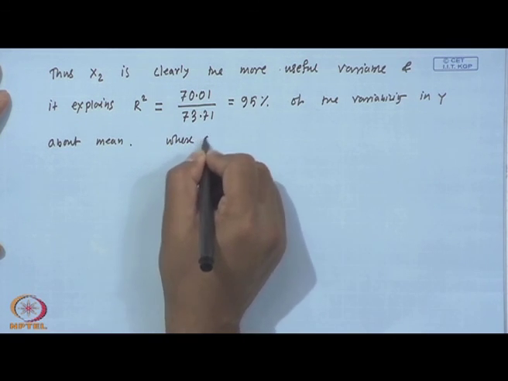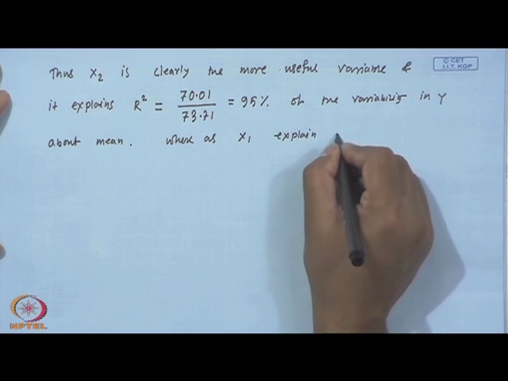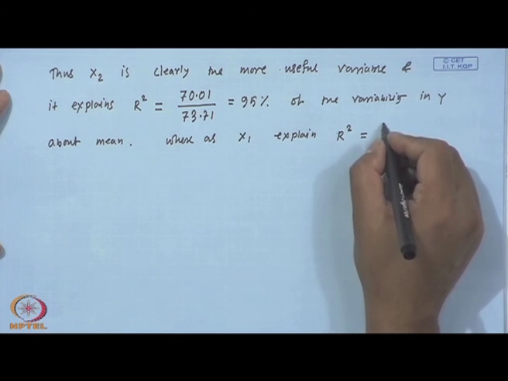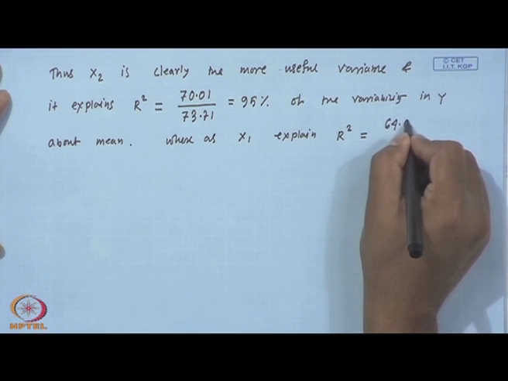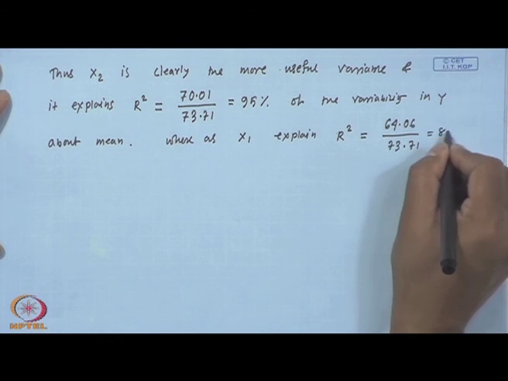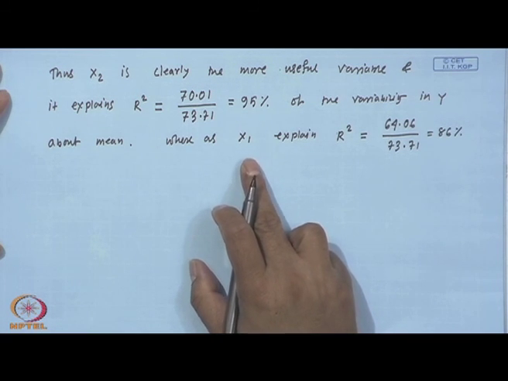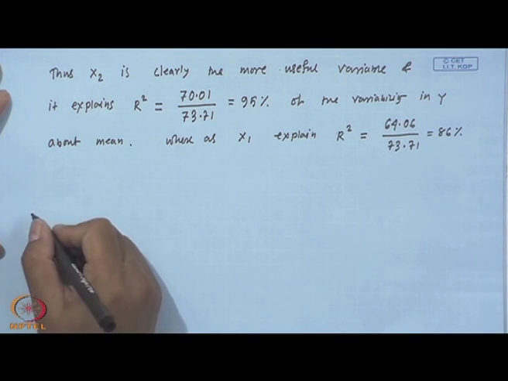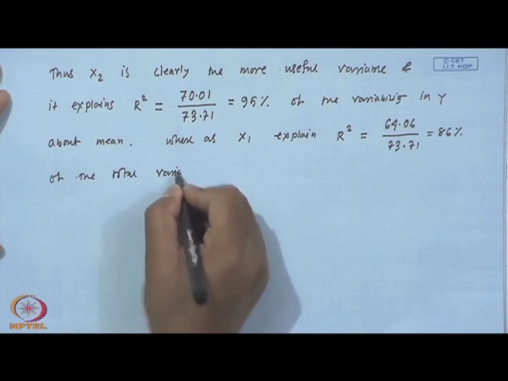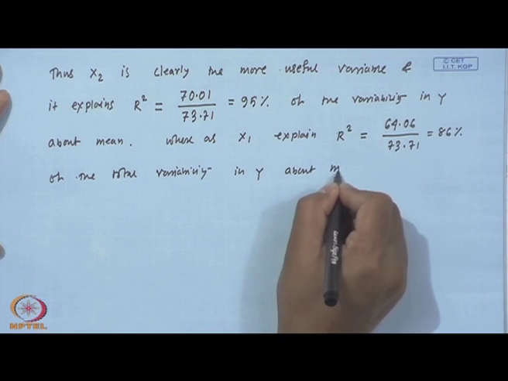whereas x 1 explains... let me compute R square. So, with only x 1 in the model, the SS regression was 64.06 by SST, that is 73.71. So, this is 86%. So, x 1 explains 86% of the total variability in y about the mean.